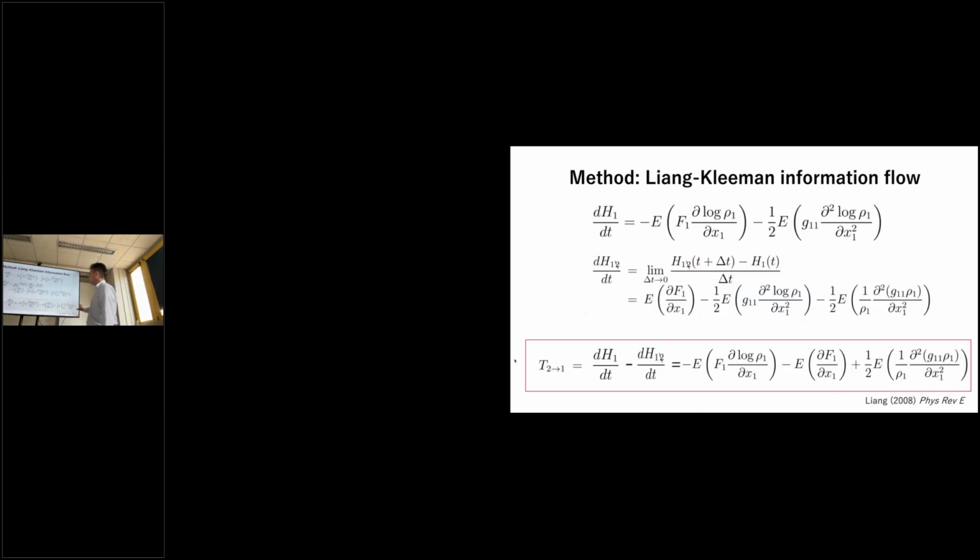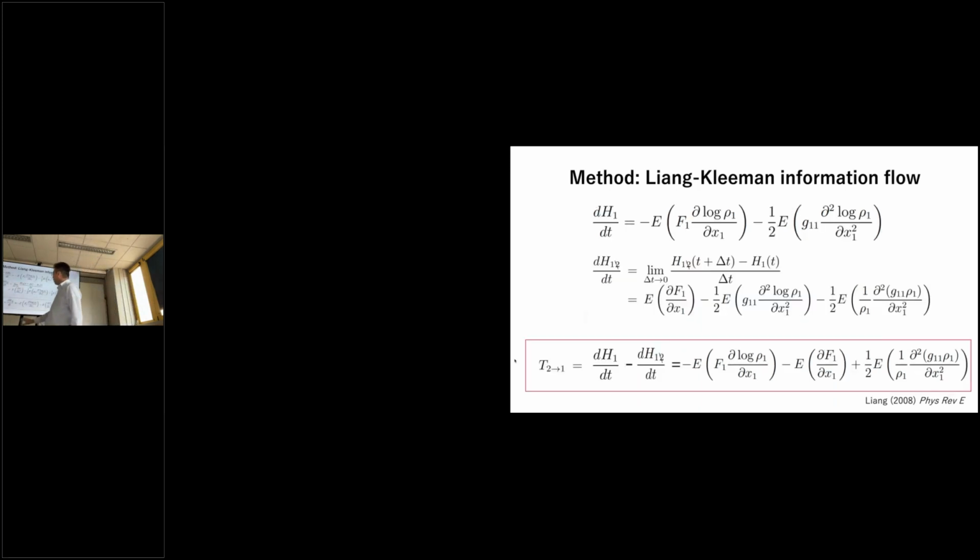They also consider the entropy time evolution without the influence of the variable x2. Here we are talking about a two-dimensional system, so we have x1 and x2. Again, after some calculations, we can get the final results like this.